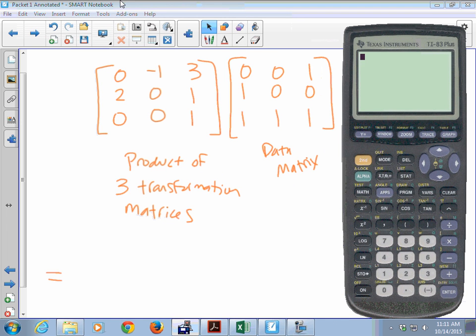Okay, matrix A, I need a 3 by 3: 0, negative 1, 3, 2, 0, 1, and 0, 0, 1. I'm going to edit matrix B and put in my 3 by 3 data matrix, 0, 0, 1.